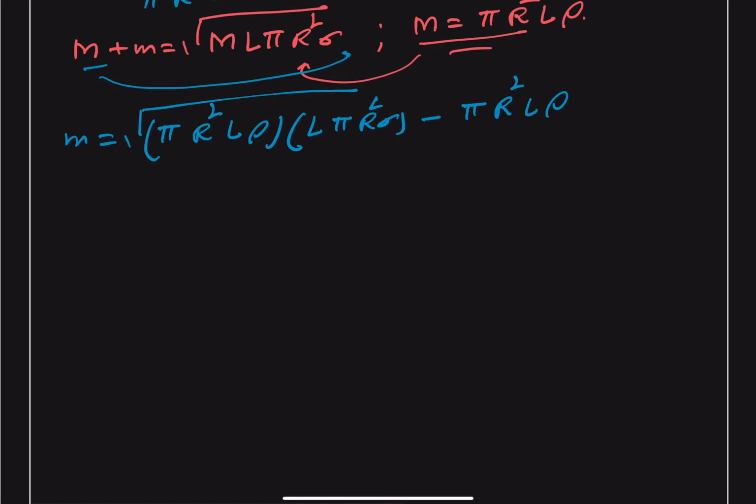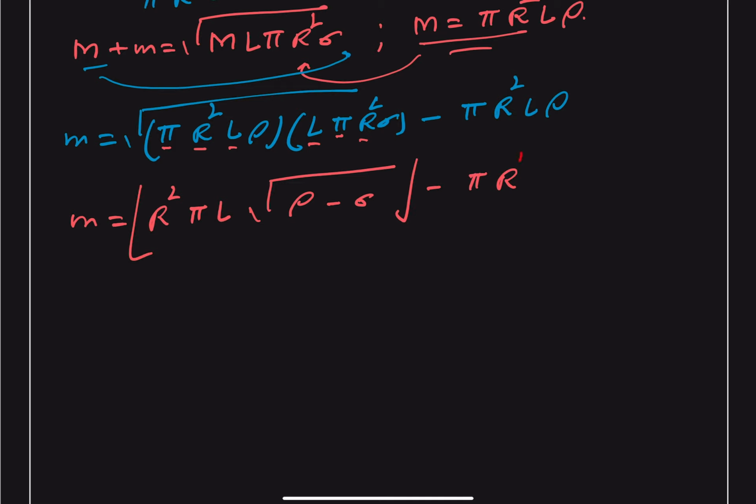We get m is equal to, we have pi and pi, this will be pi square, and this term will be r to the power 4. We can take r square pi common, and also L square common, so this will be L outside the square root, and inside the square root will be left only rho minus sigma, and we have minus pi r square L multiplied by rho.